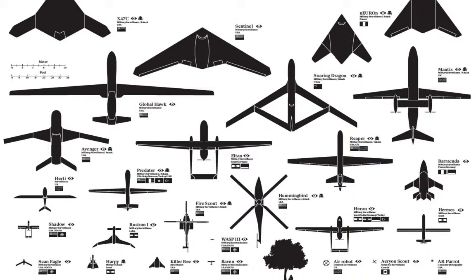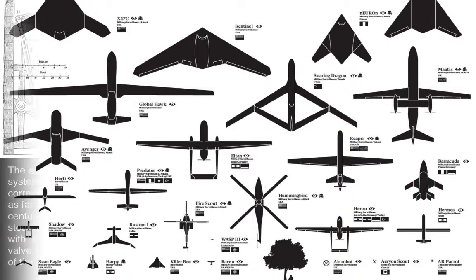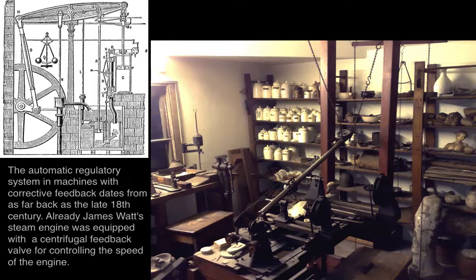Of course, all this was possible because of early automation, and this could be traced back to this depiction of James Watt's first steam engine, which was an actual automatic system regulating the machine with corrected feedback.